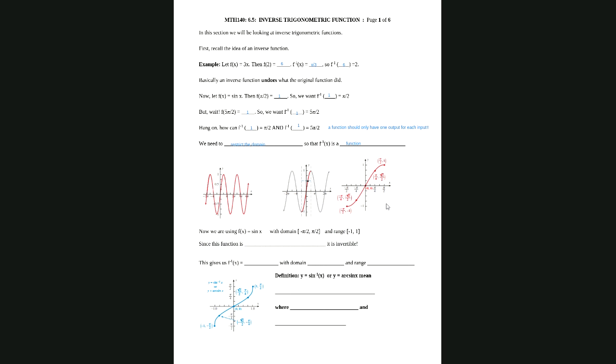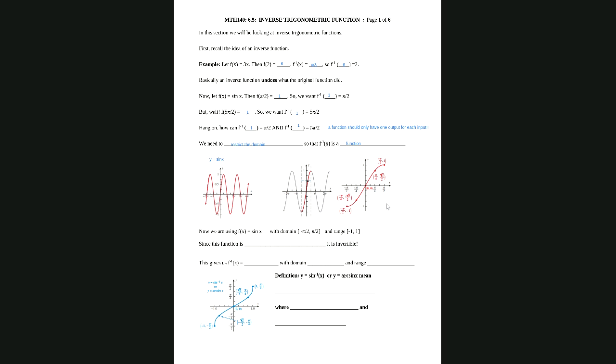So what we do is we restrict the domain. We're going to look at y equals sine x for x between negative pi over 2 and pi over 2. Okay, so that's the red part of the graph in the middle.